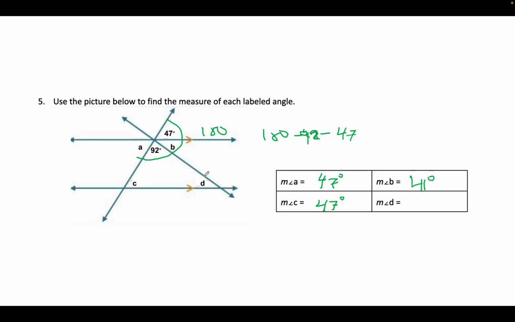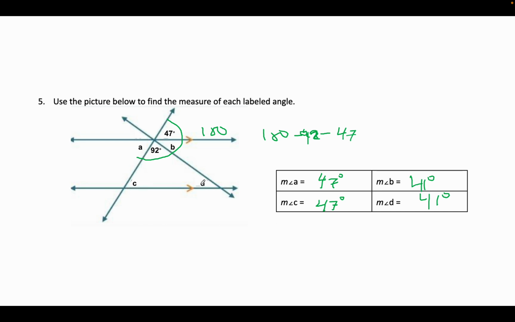I then can also find D from that because they are on this line right here and they are alternate interiors. So that would also be angle of 41. And that's all we needed to find.